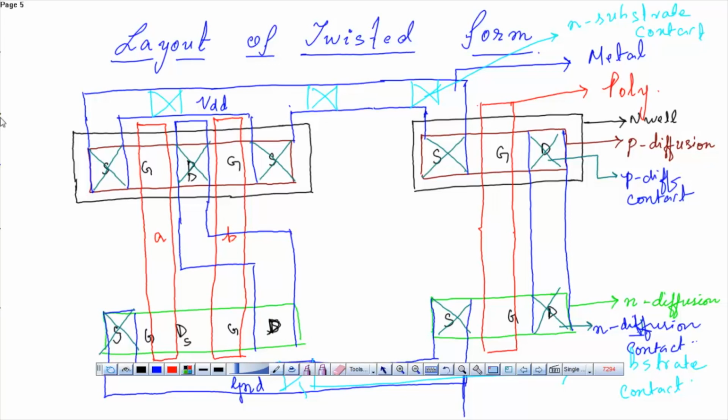Okay, now you can see the output of the NAND is this. This is A dot B bar. This has to be connected to the input.